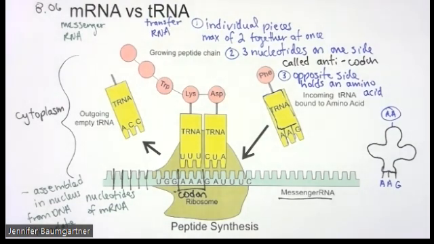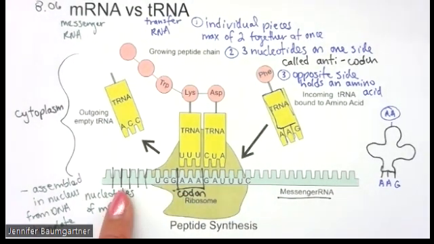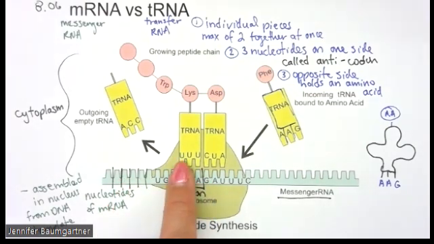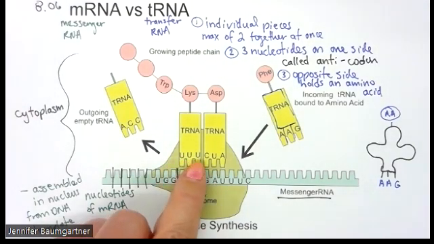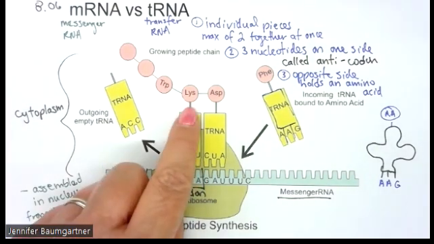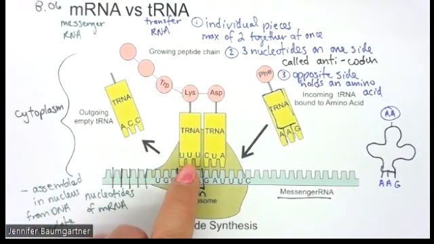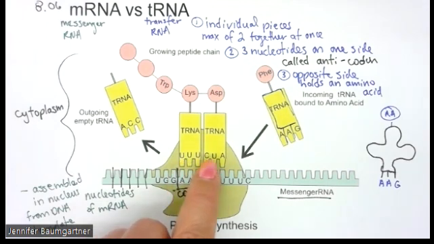And what we're going to see is the reason. How do we come up with that table? How do we know that AAA is always going to produce a lysine? This is why. If we look at our mRNA, here I have a codon, AAA. The anticodon is UUU on a tRNA. Every tRNA that has a UUU has a lysine attached. Only lysine can attach to a tRNA molecule that has UUU.